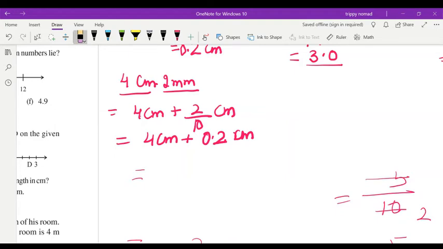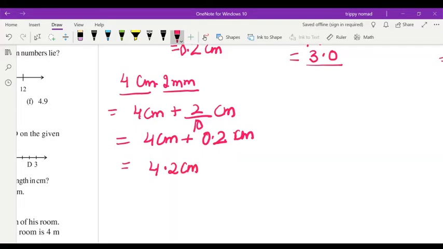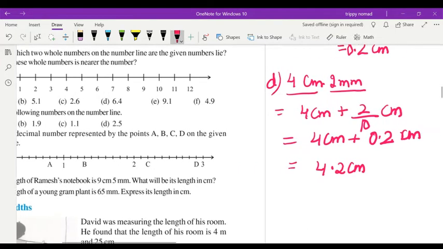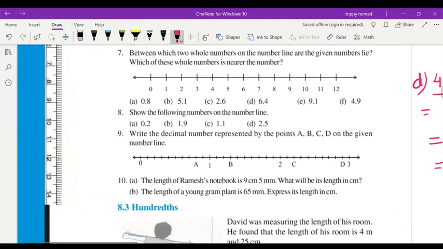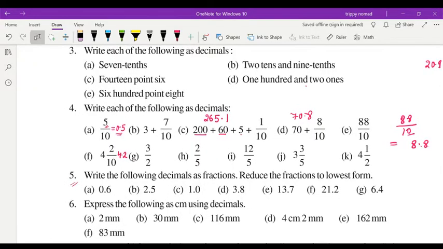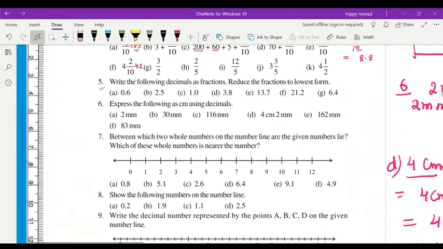Let me rub first so you will not be confused. 4.2 centimeter will be the answer, children. So I hope you understood how to do it. Question number 6 I explained to you. Now you will do question number 7.